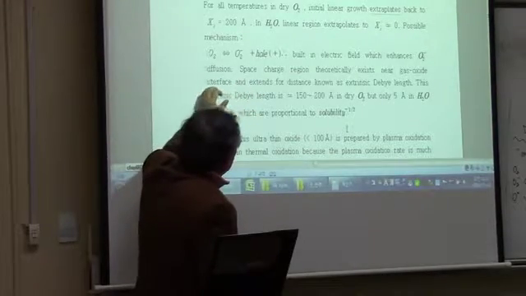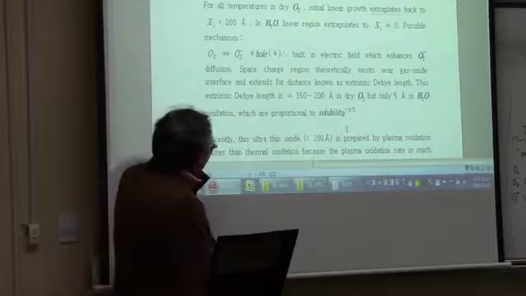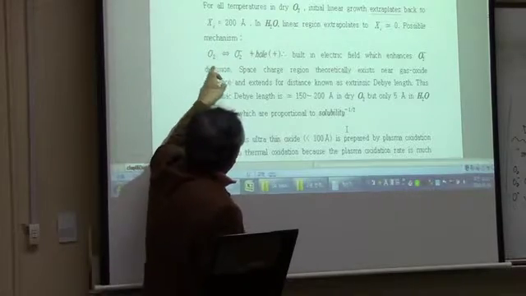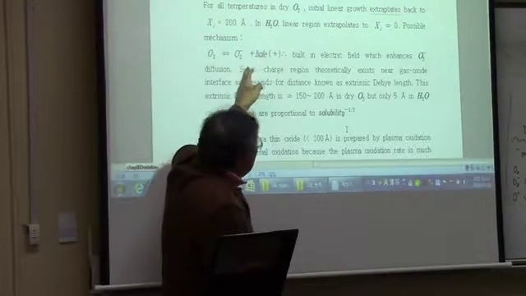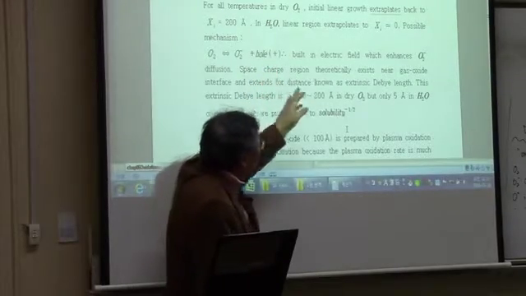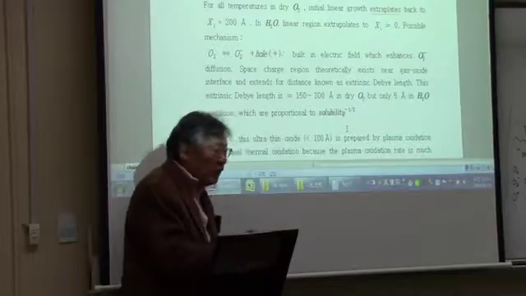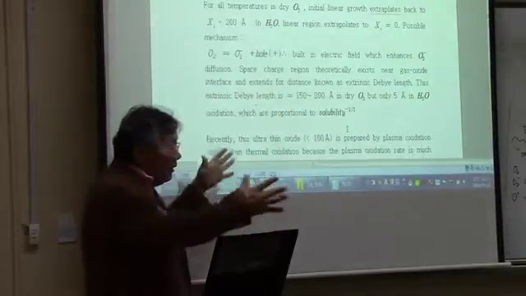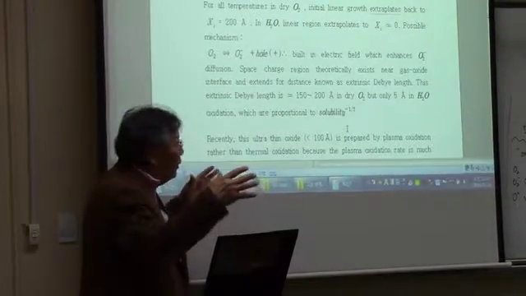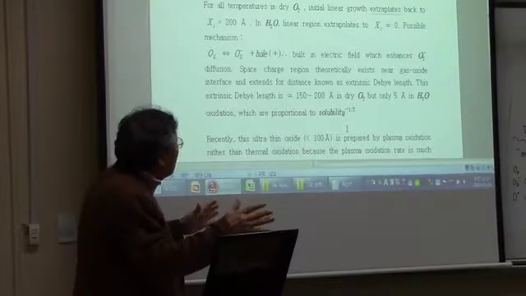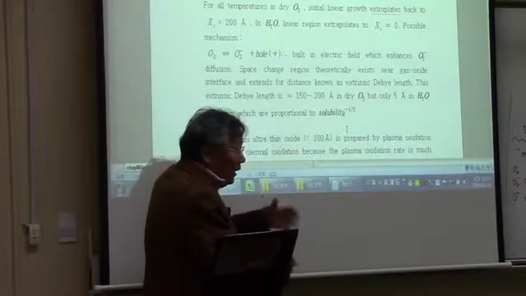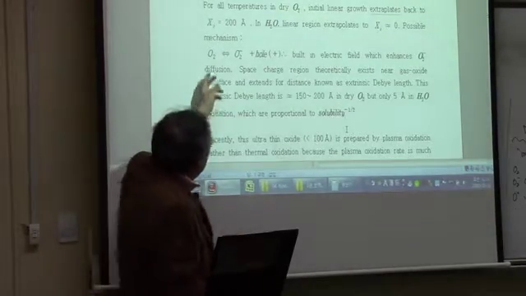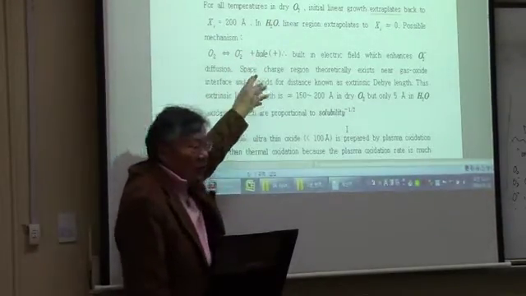understood yet, but one of the speculations that we have for this is that this oxidant may be ionized in this fashion, and then if we have space charge regions at the surface of the silicon, which is known as a Debye length, then that electric field is going to exist in that space charge region, and that electric field is going to enhance this oxidation rate if the oxidant somehow has charges like this.